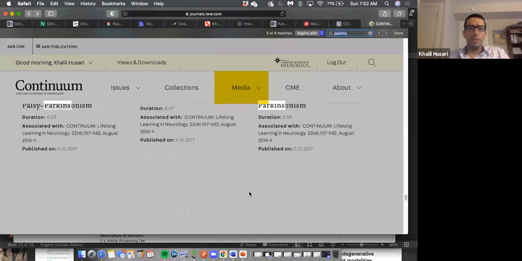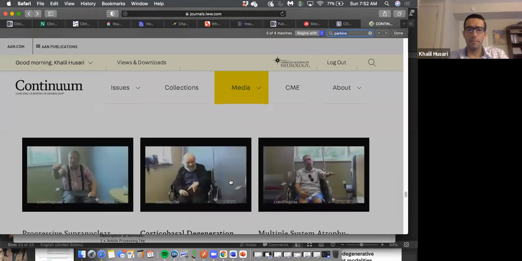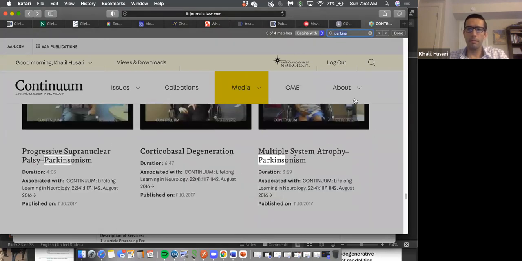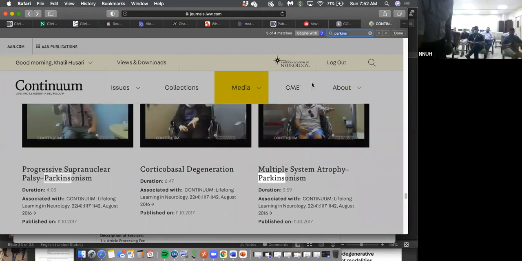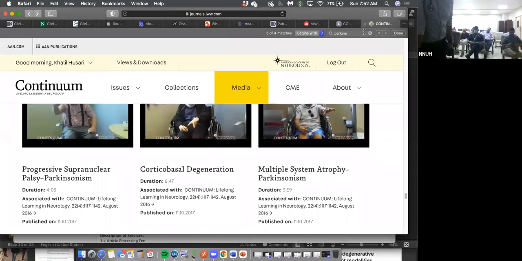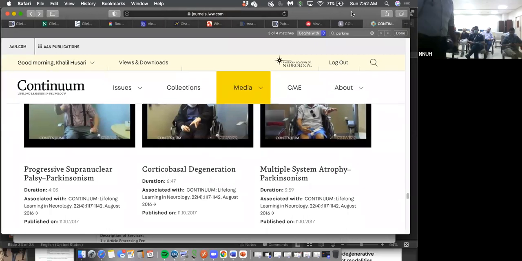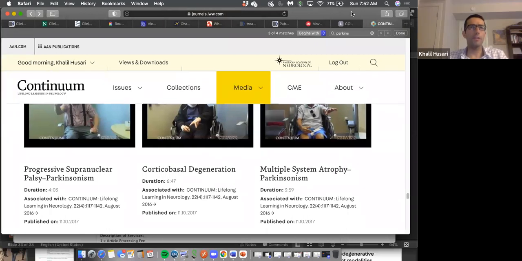Any other questions? The question is about drug-induced Parkinsonism, which is usually symmetrical and bilateral, right? That's correct. It's usually bilateral, and it's important with the history to figure out the drug.